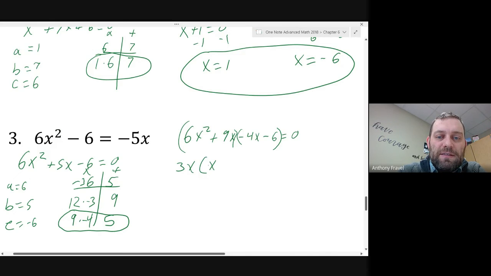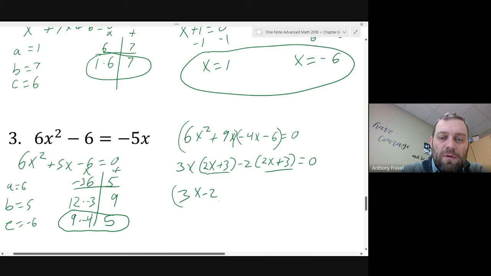So then I get 2x plus 3. This one I can take out a negative 2 from both of them, and I get 2x plus 3 equals 0. These are the same, so I did it right. I get 3x minus 2, 2x plus 3 equals 0.